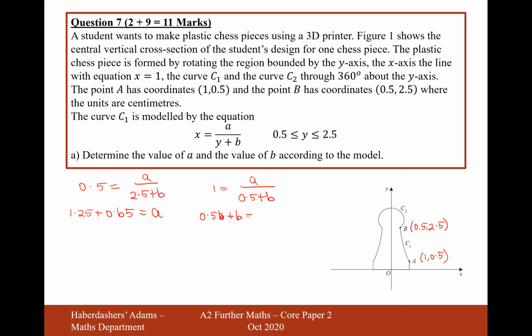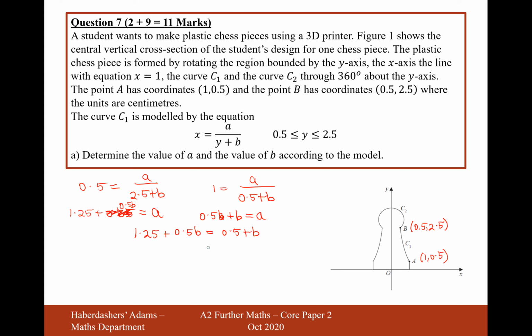plus b equals a. So if these two expressions are both equal to a, then the expressions must be equal to each other. So 1.25 plus 0.5b equals 0.5 plus b.